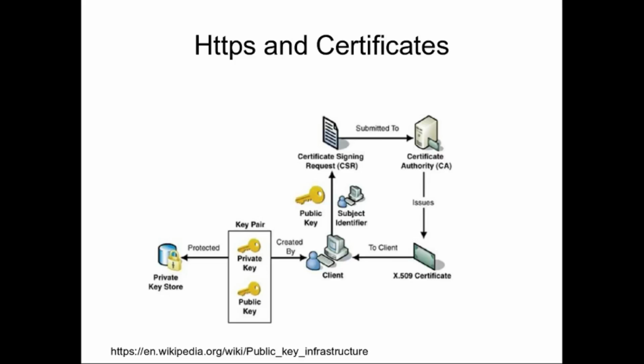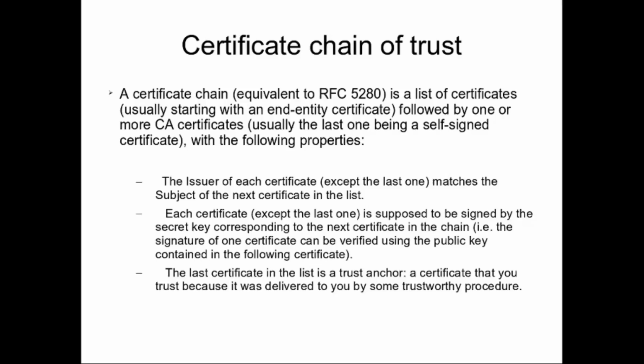So your site is secure because you provide a certificate, and from the certificate chain, or chain of trust, it verifies that you are a real person whom you claim to be.